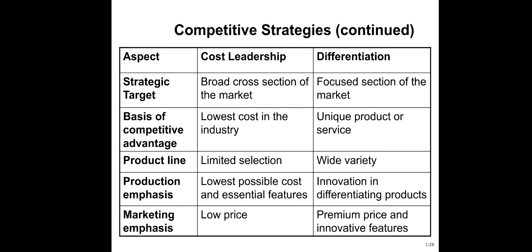I think the Apple product, iPhone for example, is an example of a business that uses differentiation strategy. You see, Apple, one of its products is iPhone. When they produce iPhone, they are using differentiation strategy.